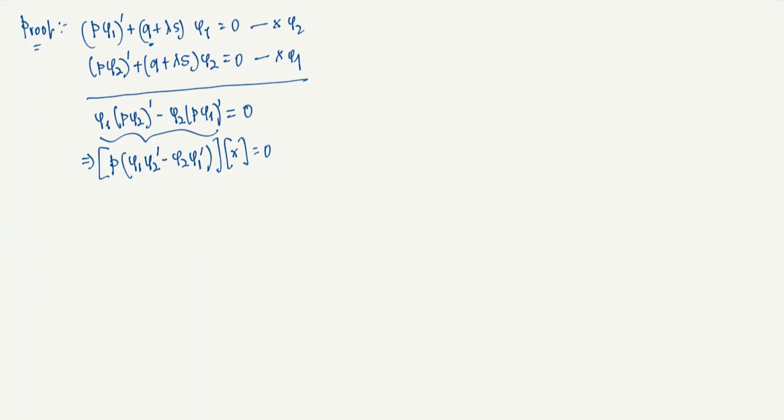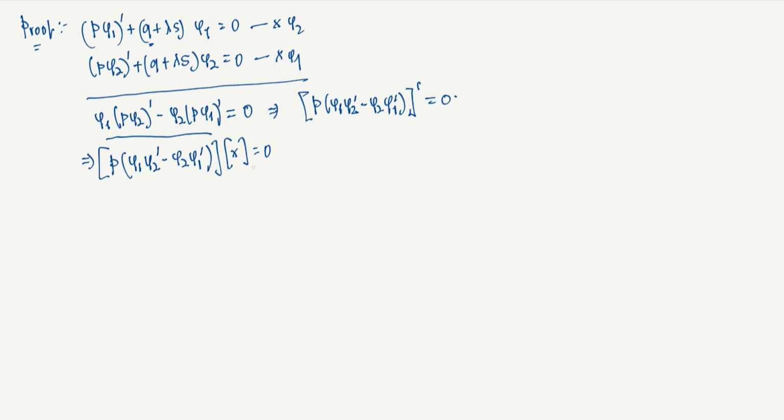So this particular relation, if you remember, we can write it like this: p times phi1 phi2 prime minus phi2 phi1 prime, the derivative of it is going to be 0. Now if this is true, then we can integrate it.